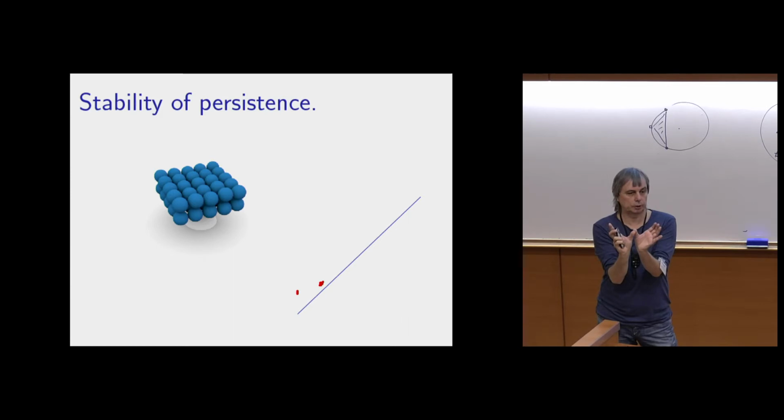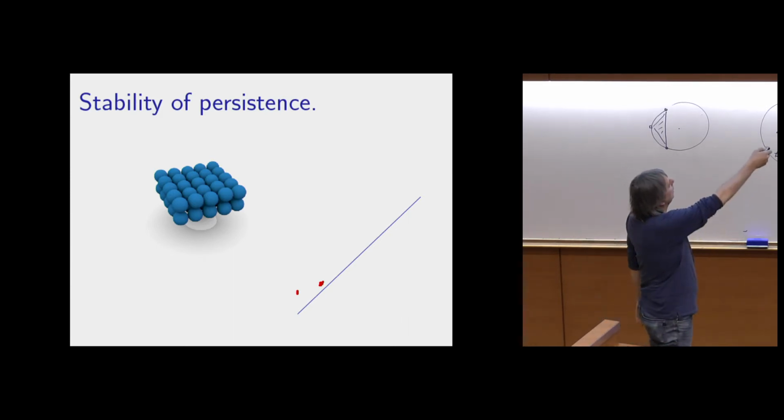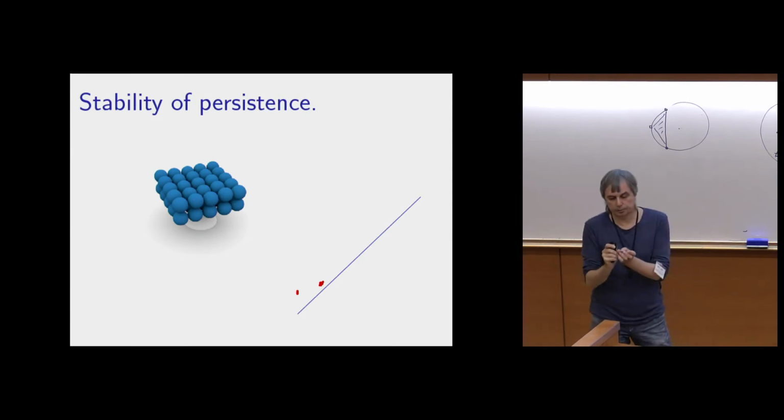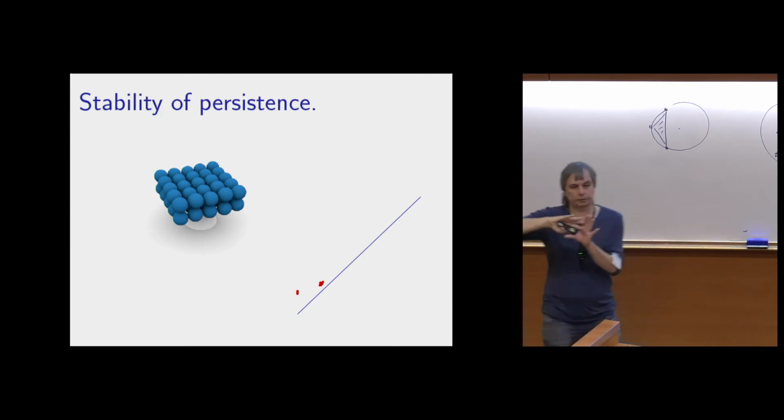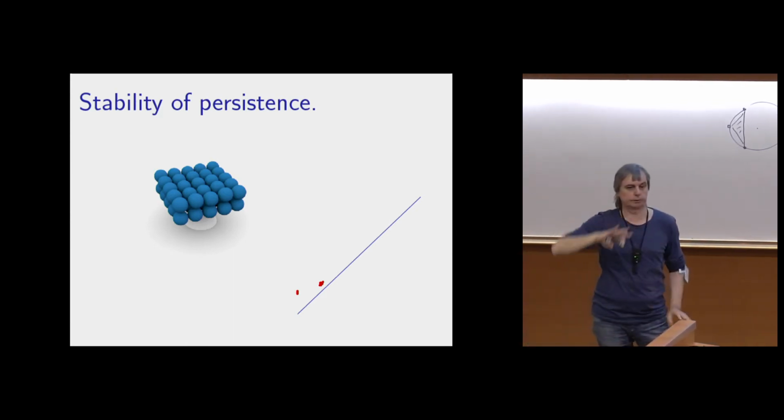Because once two touch, all of them touch and everything is connected. And then we have another point here, that's the loops. So the loop is born when the balls touch. So the birth of this is the same as the death of this. And the loop disappears when this square fills up.